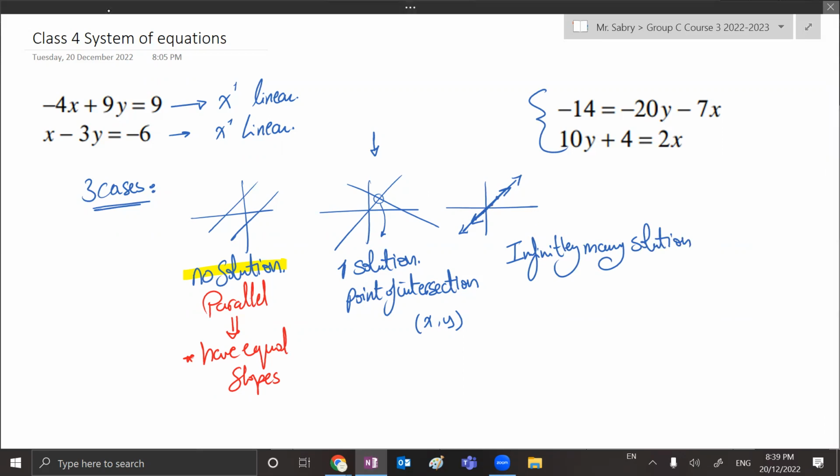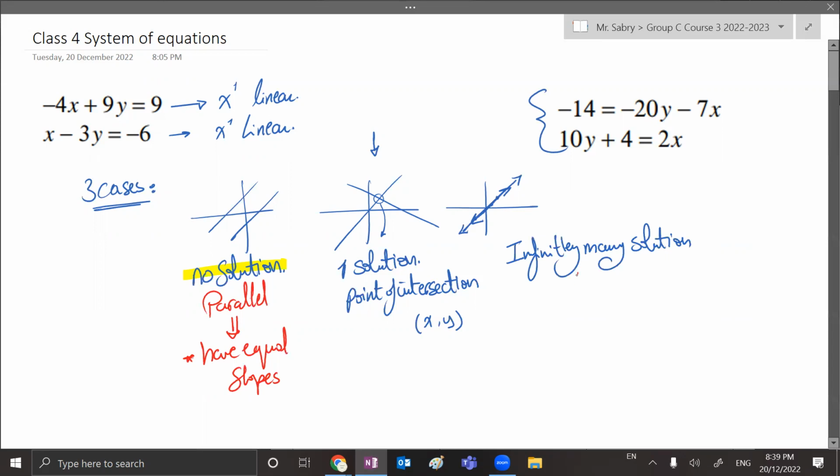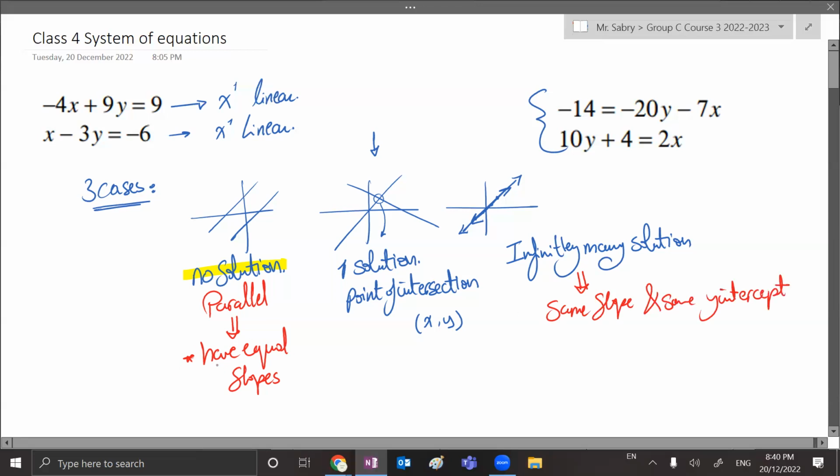When do we have infinitely many solutions? What does that mean? It means they have the same slope and the same y-intercept. Here they have equal slopes but not equal y-intercepts.